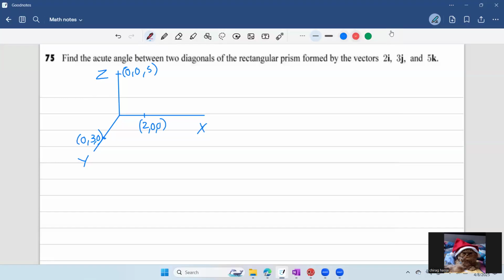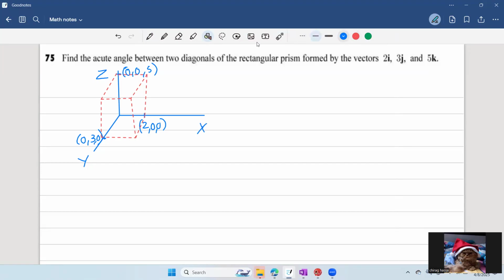Okay, so from this, if I want to make a box, the rectangular prism would go like this. All right, I hope you were able to understand the prism.